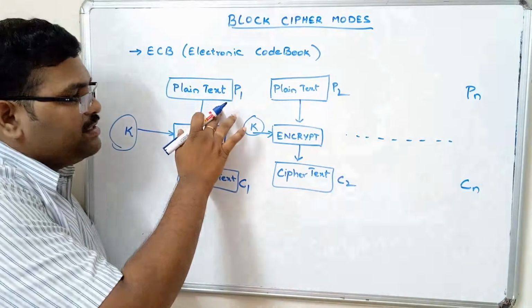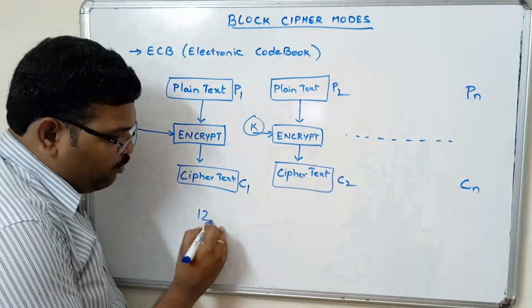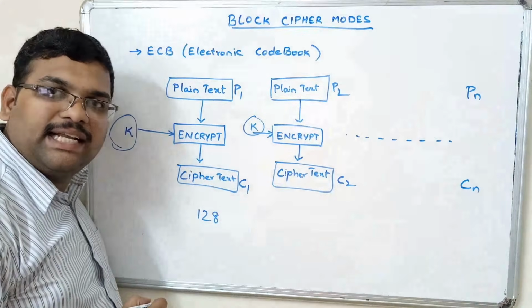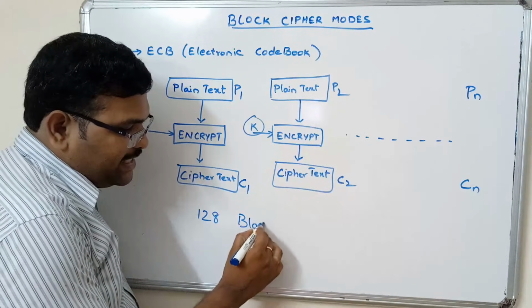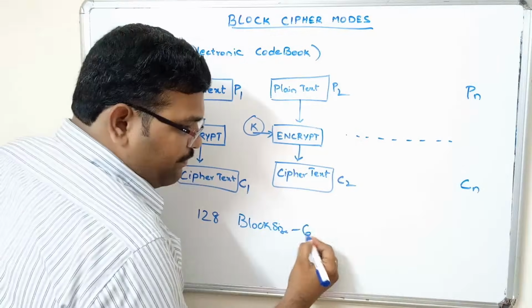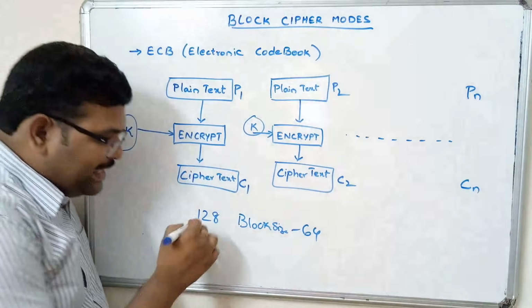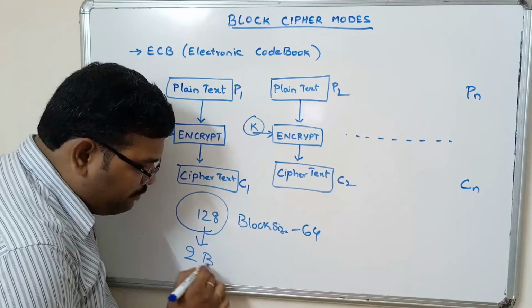For example, if the plain text length is 128 and the block size is 64, this 128 can be processed in two different blocks.